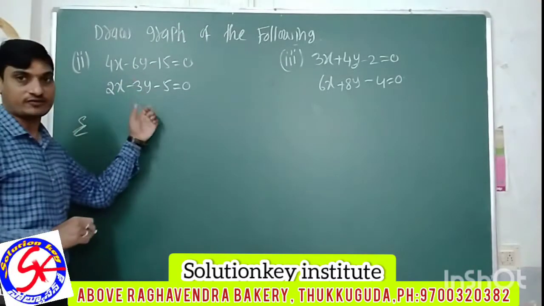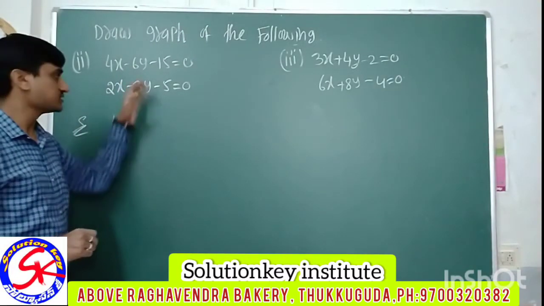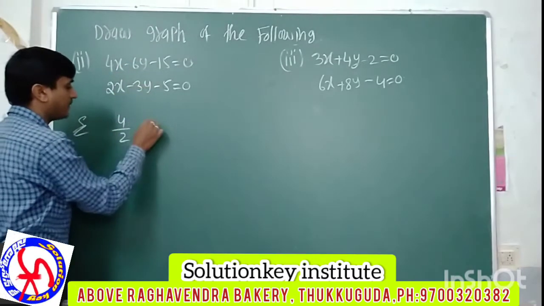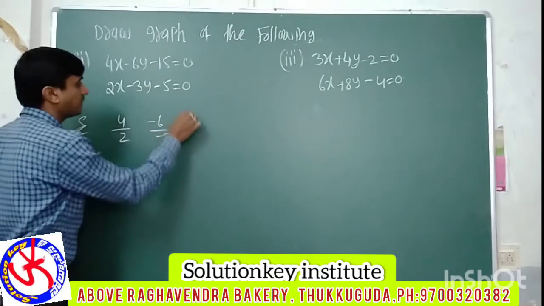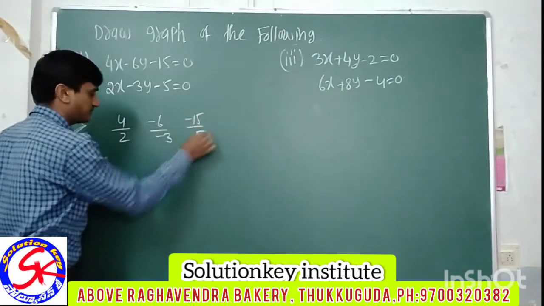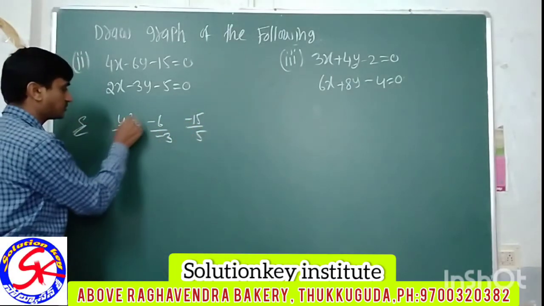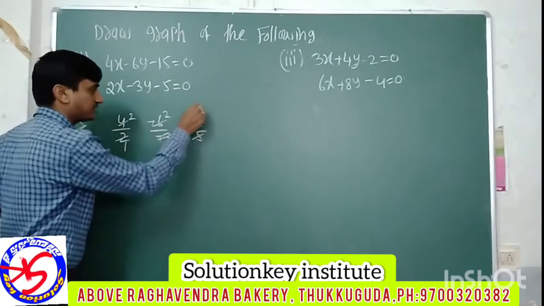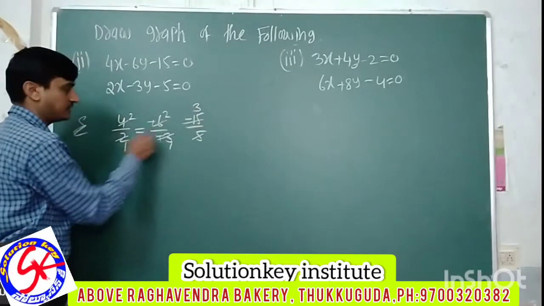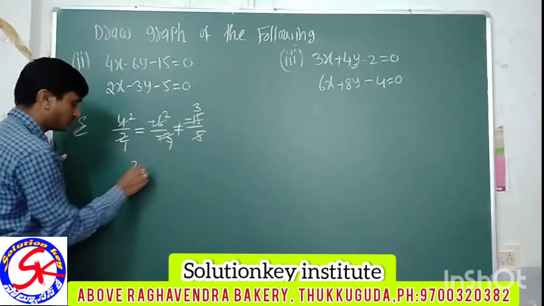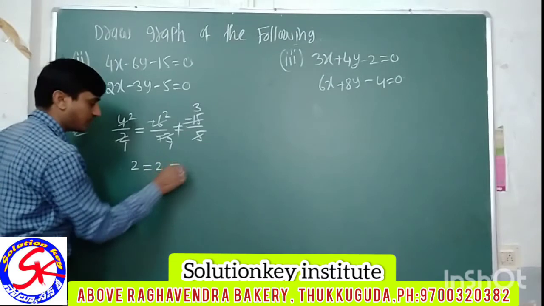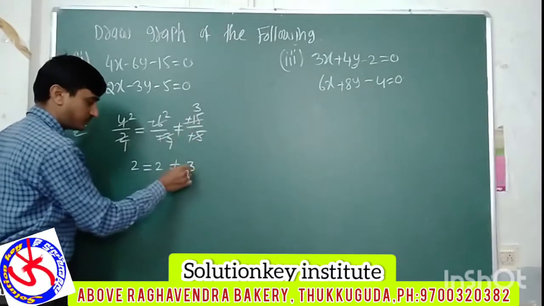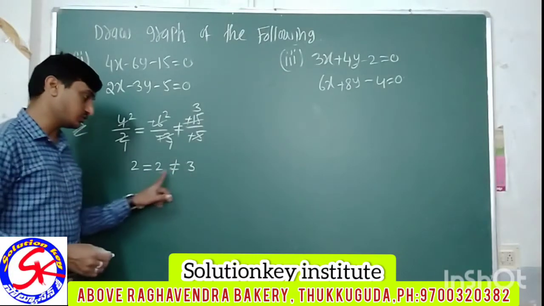I am not writing the formula again and again, I am just checking directly. 4 by 2, minus 6 by minus 3, and minus 15 by 5. Then check here: 2 1s are 2, 2 2s are 4, 3 1s are 3, minus minus cancel, 5 1s are 5, 5 3s are 15. See this? These two are equal. This is not equal. Then 2 is equal to 2, is not equal to 3.